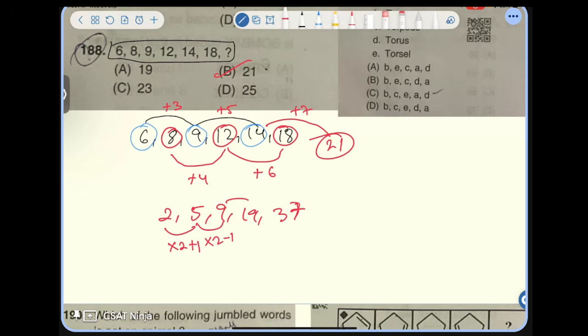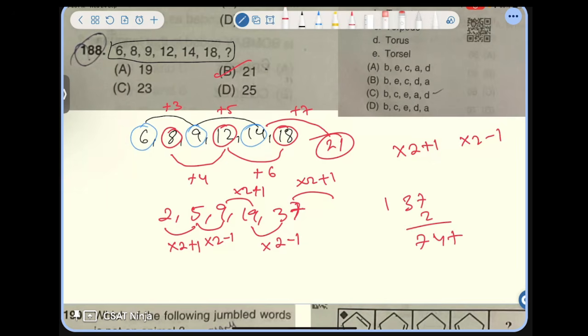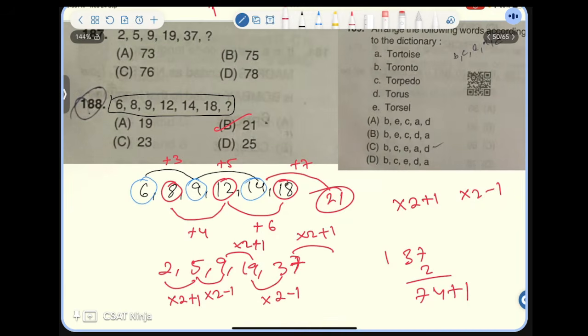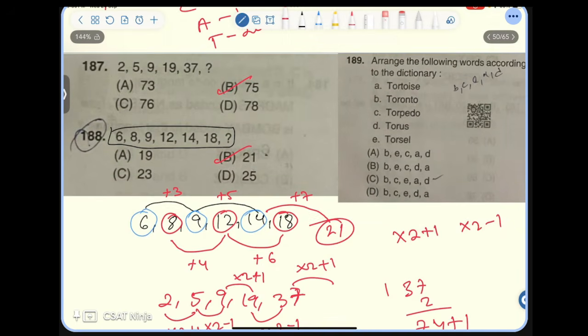What about this? 9 into 2 is 18, plus 1. What about this? 19 into 2 is 38, minus 1. So the pattern here is into 2 plus 1 and into 2 minus 1. So next will be, this is plus, this is minus, so next will be into 2 plus 1. So it's 37 into 2 plus 1, which is 75. Yes, the answer is 75.